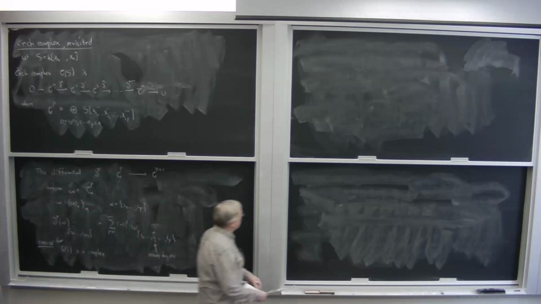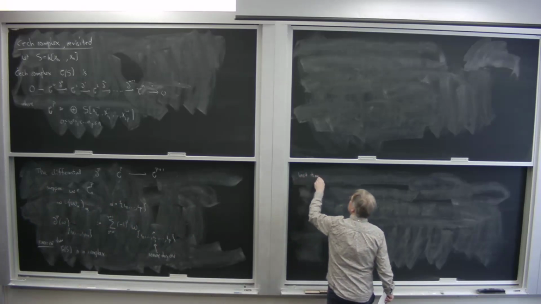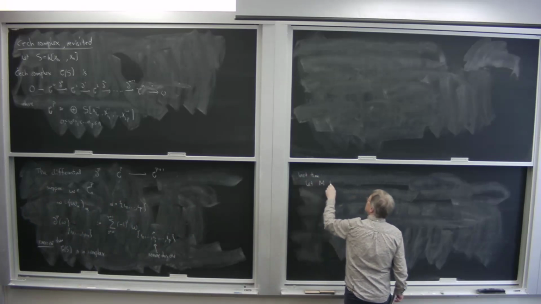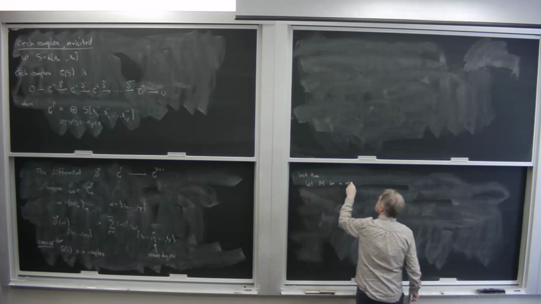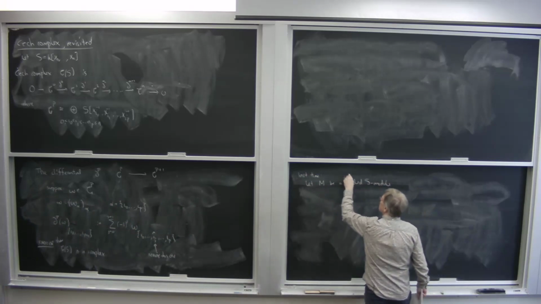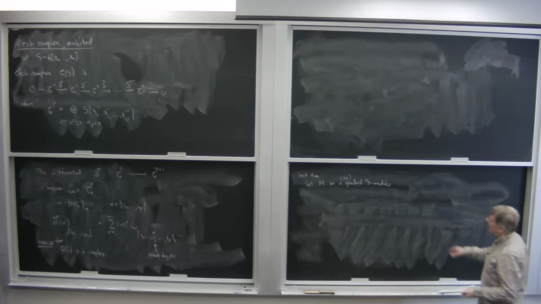And then if you recall, last time we had defined, so let's let M be a graded S module. Let's suppose it's finitely generated, but that's just for, there are ways around that if you really care.